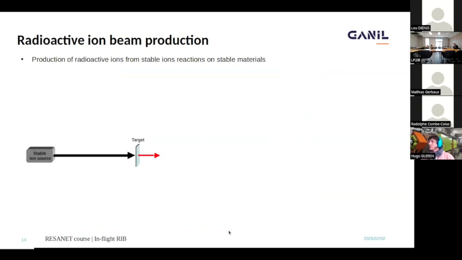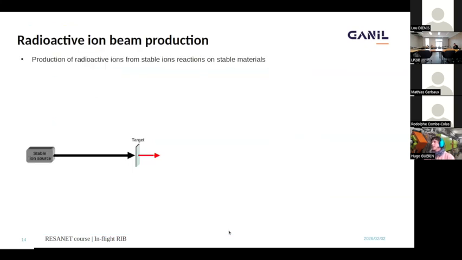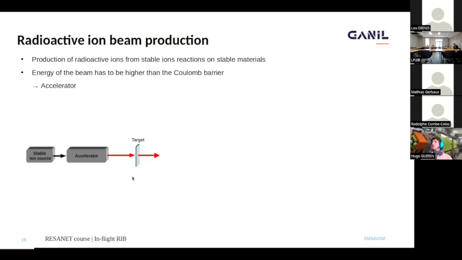Then, it was just to have radioactive ions, but you want a radioactive ion beam. So you need a stable ion source, to have your stable ions, and the target, which is composed of a stable material. But the energy of the beam has to be higher than the Coulomb barrier, so you need an accelerator.